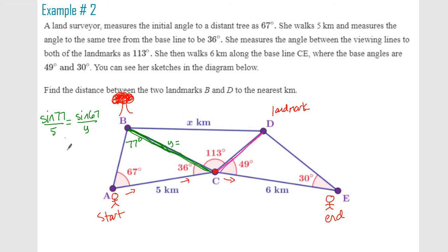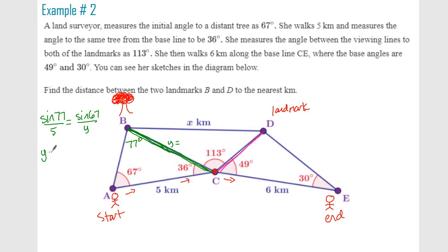So we want to figure out what y is. If we multiply this one by y, we get y times sine of 77 over 5 equals sine of 67. Or you could cross multiply, which probably would make it a lot easier to write.